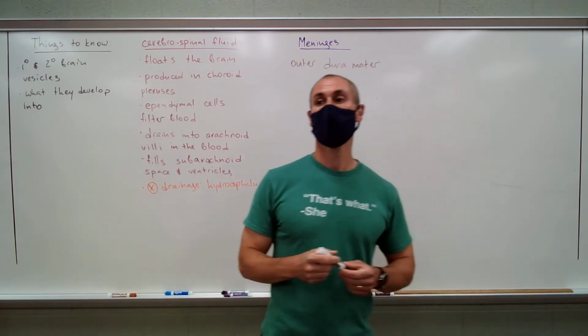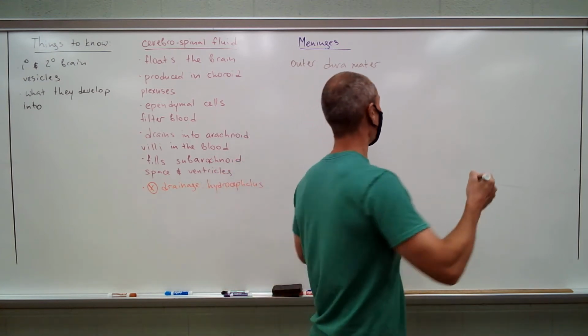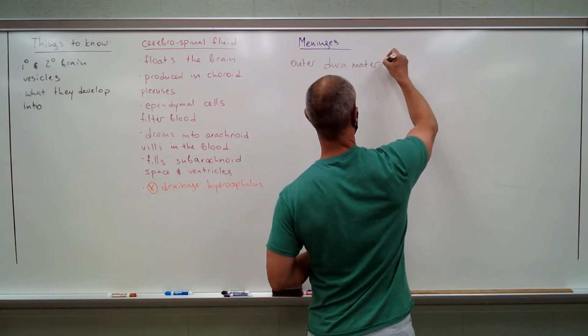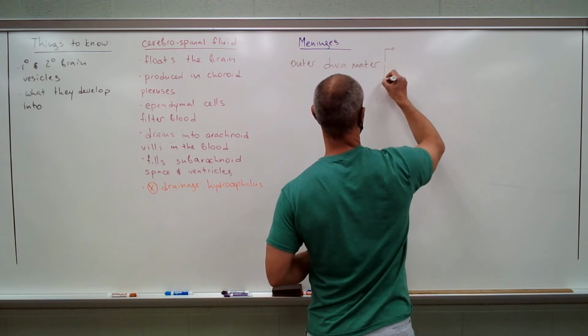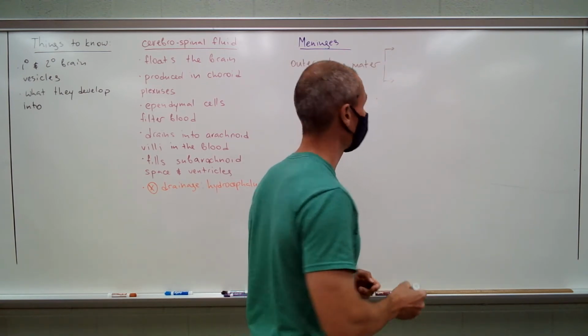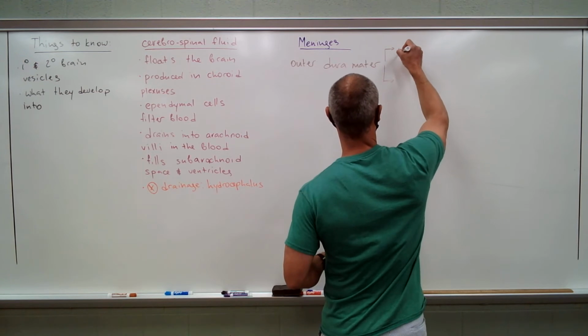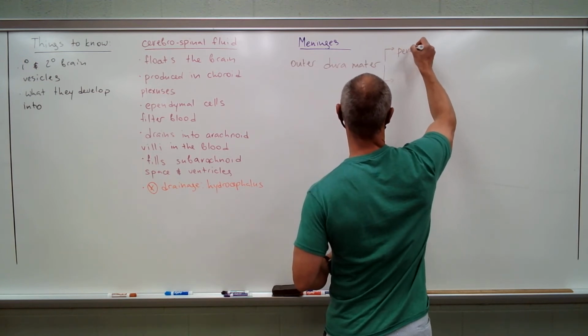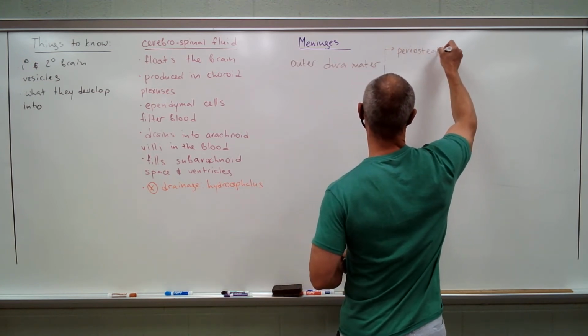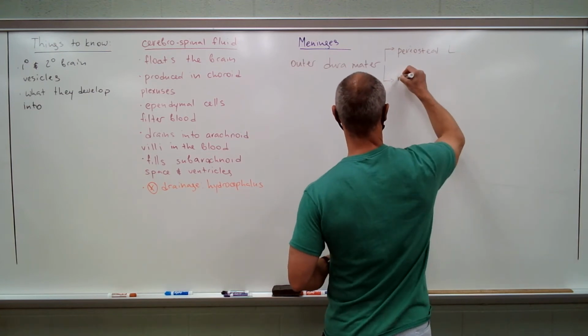So dura mater itself can be separated into two sublayers. The so-called periosteal layer and meningeal layer.